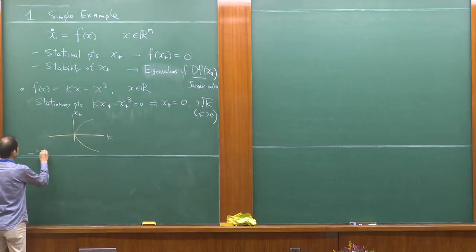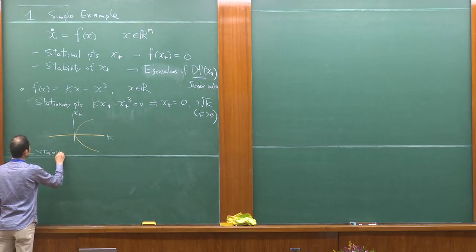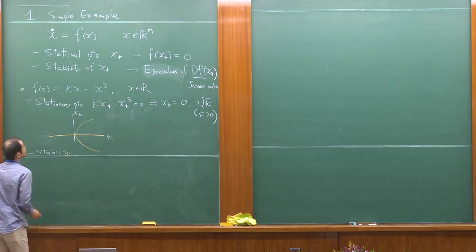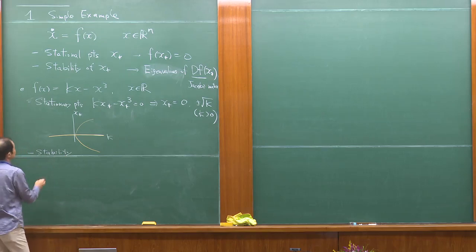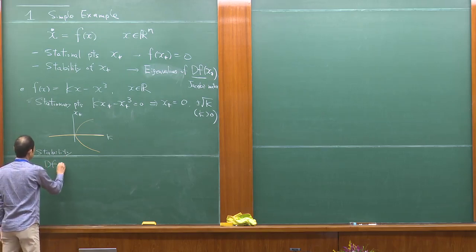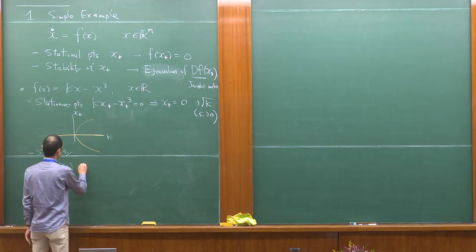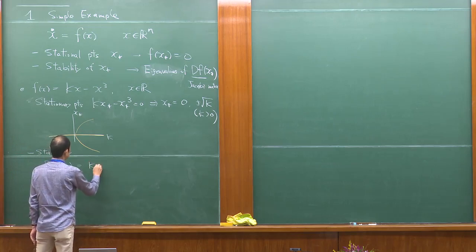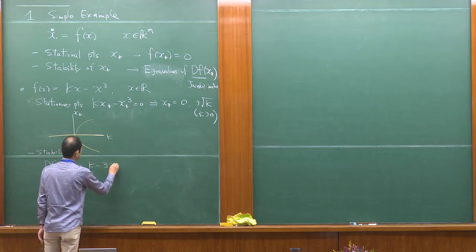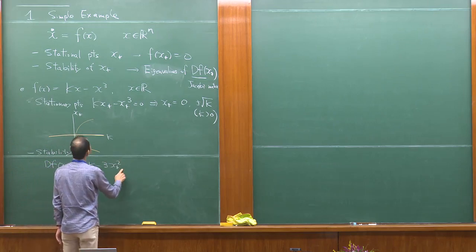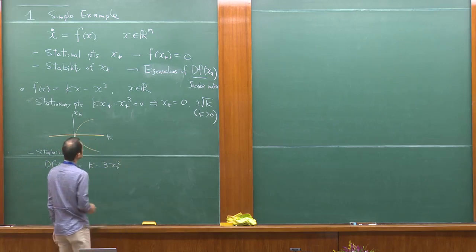And stability. To investigate stability, we consider the Jacobian matrix. Now, the Jacobian is just the derivative of f. So it means k minus 3 x squared, and okay, that's all.